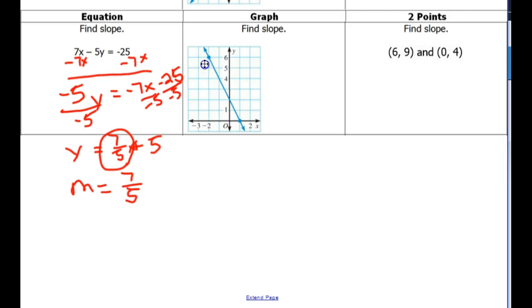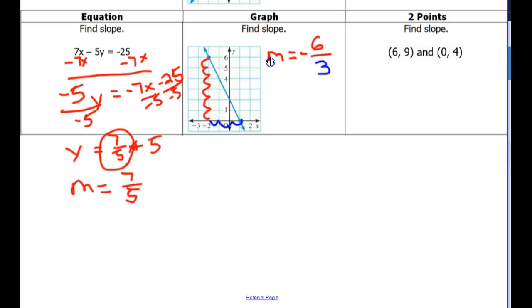Next problem, our line is going downhill, so we know it's going to be negative. Our m is going to be negative. So we're going down 1, 2, 3, 4, 5, 6. Down 6 over 1, 2, 3.